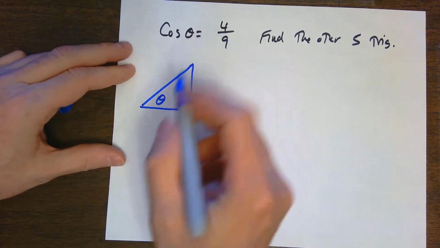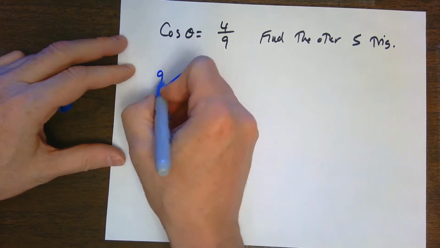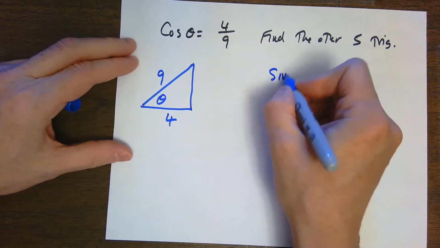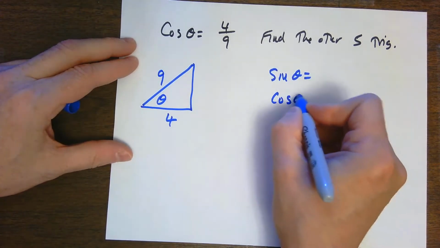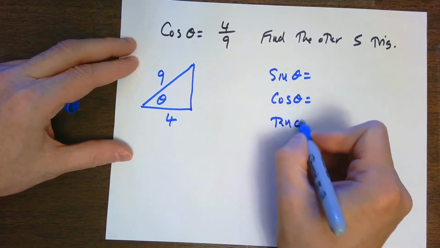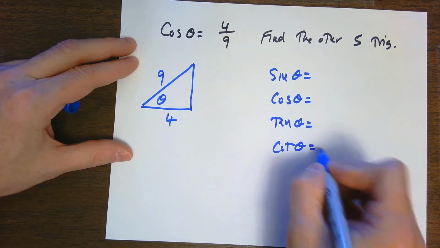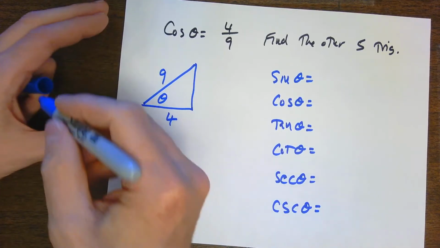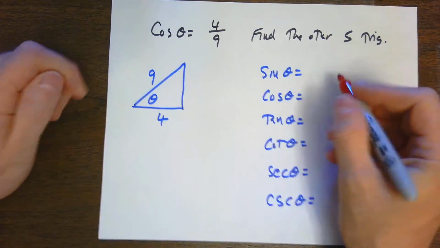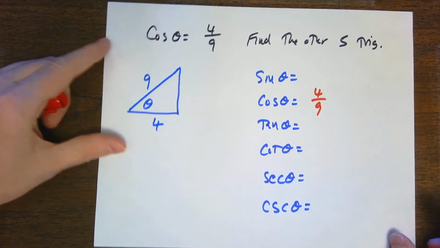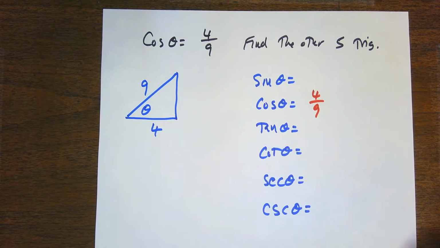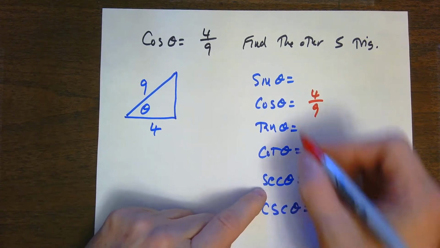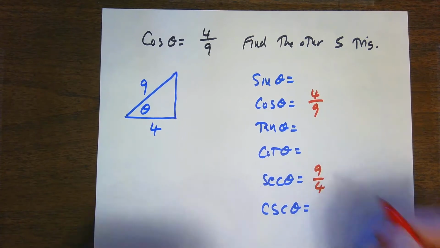Cosine is adjacent over hypotenuse, 4/9. Well, I already know the cosine, and there's another one that I already know without doing any work at all. The secant, the reciprocal of the cosine, would be 9/4.